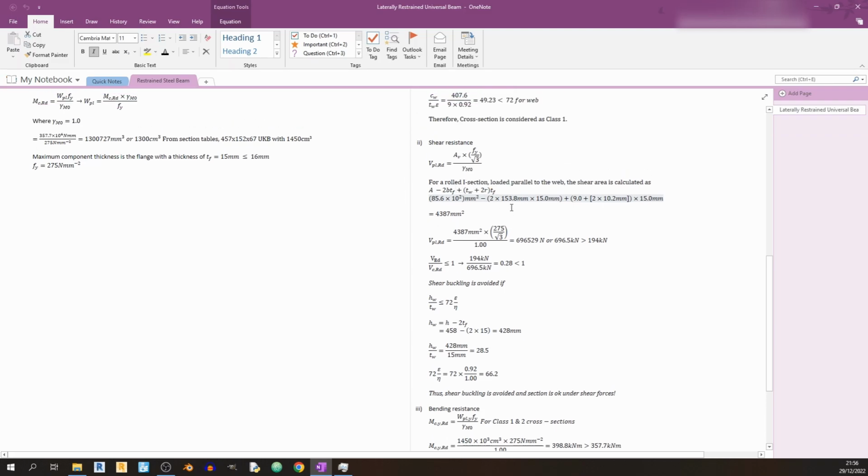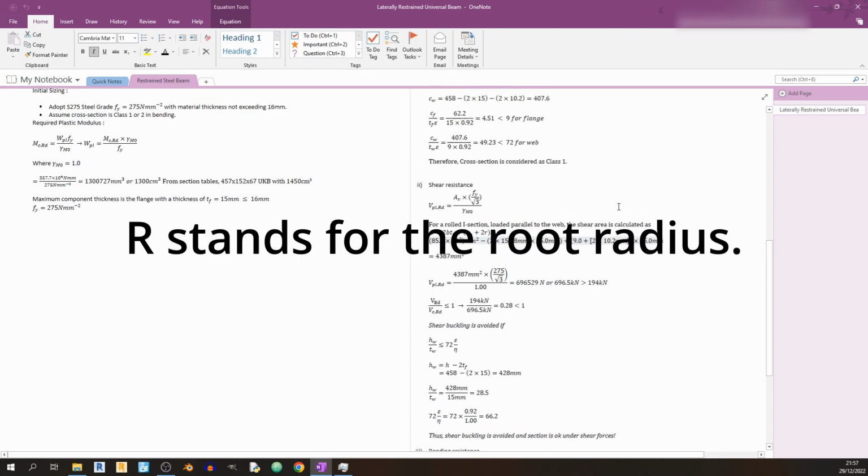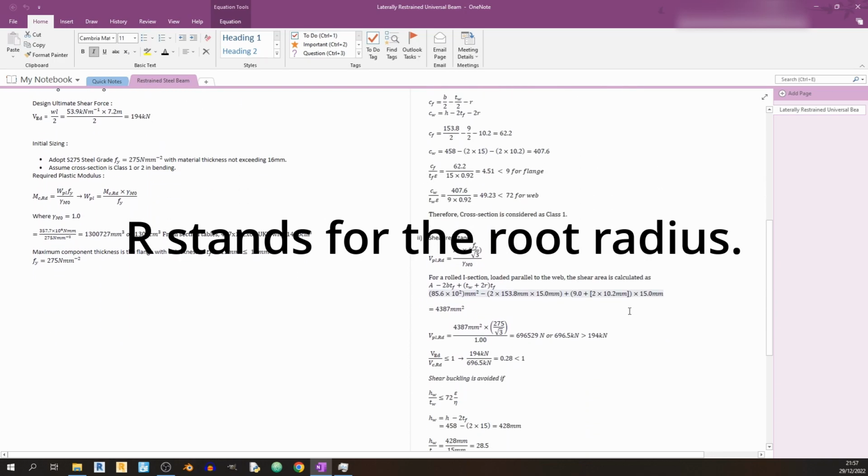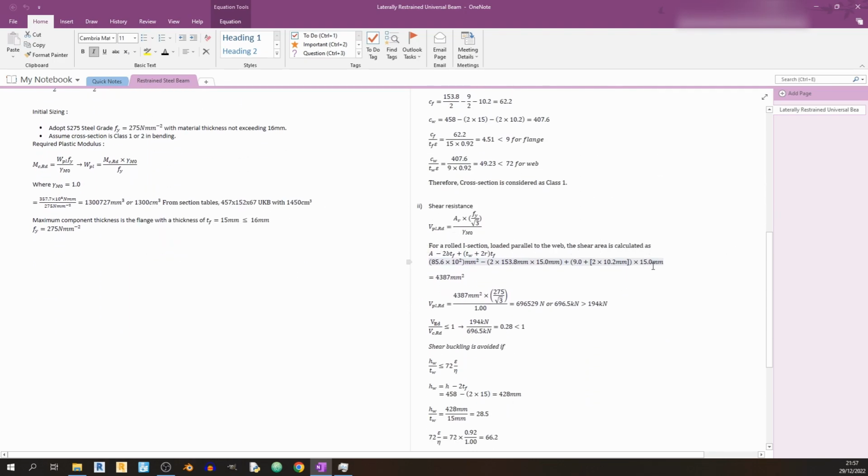And the breadth of the member is 153.8 millimeters. The flange thickness is 15 millimeters. The web thickness is 9 millimeters. And R over here is the radius of the member, which is about here, R. And again, TF, which is the flange thickness.